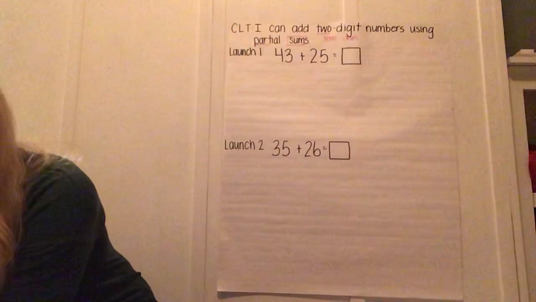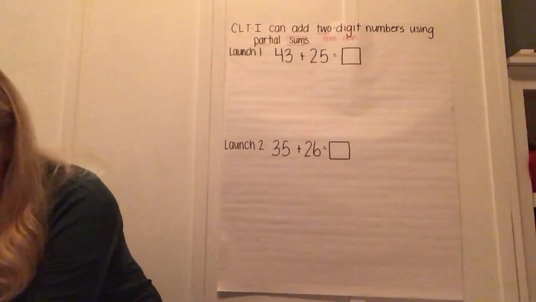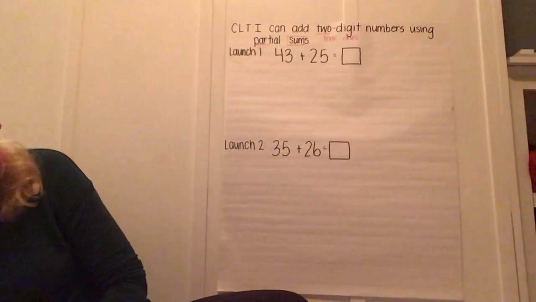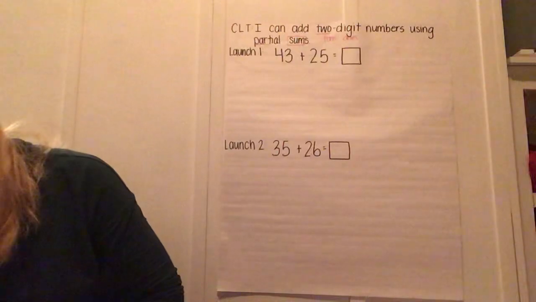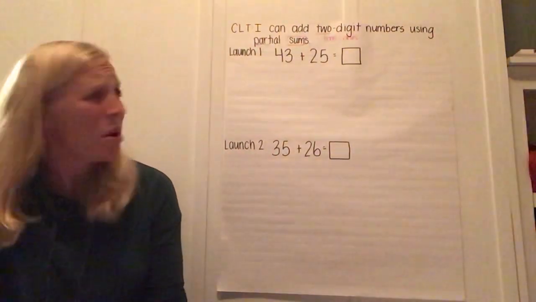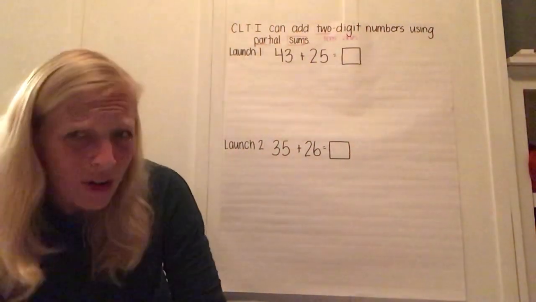What tool did you use? How do your tens and ones help you add this? How many tens are in 43? How many tens are in 25? Where are your ones?